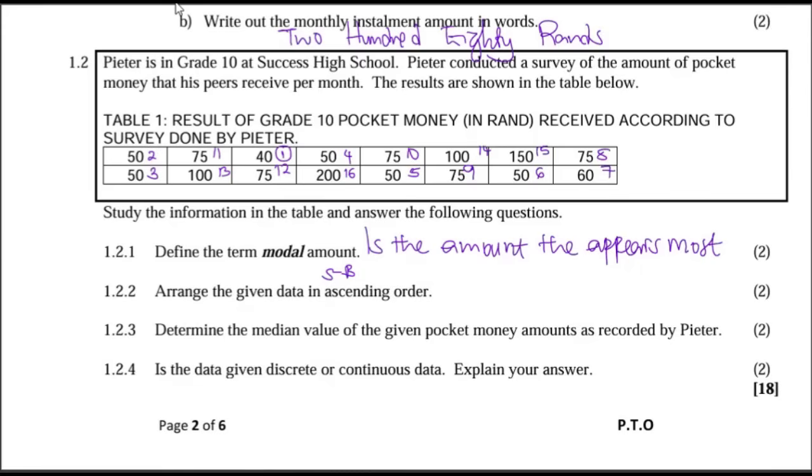Now we can arrange. We shall start with the smallest. Number 1, we said it's 40, so we shall have our 40 here. Followed by how many 50s?